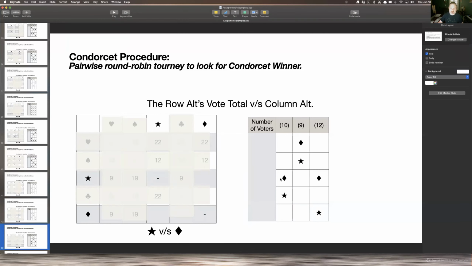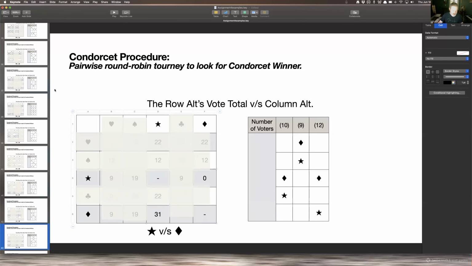So diamonds is strictly preferred to stars by all the groups in that pairwise comparison. So stars gets no votes in that situation, and diamonds gets everyone's votes. So that's 22 plus 9, that's 21. Wait, that can't be right. 31. Yeah, 31. All the votes. Is that right? 10, 19, 22, 31. Yes, okay. I struggle with the arithmetic sometimes.